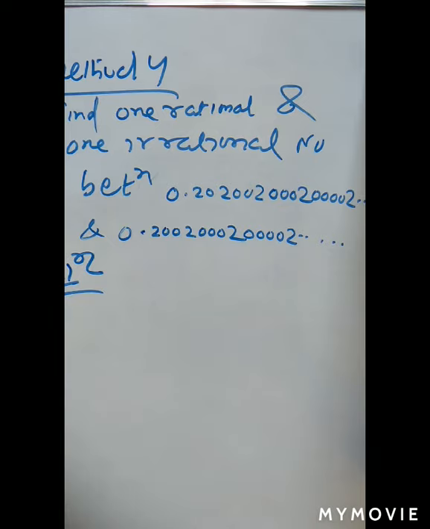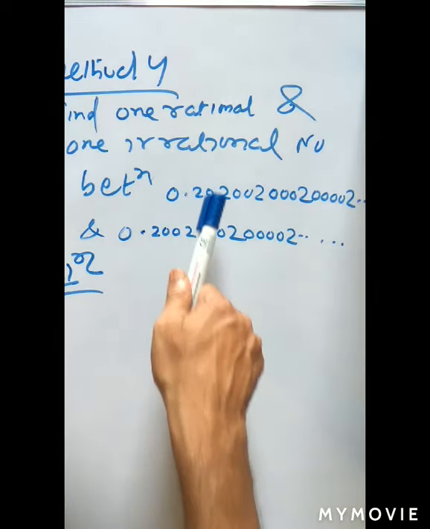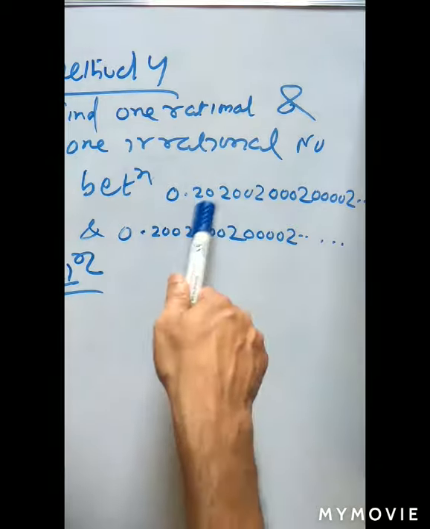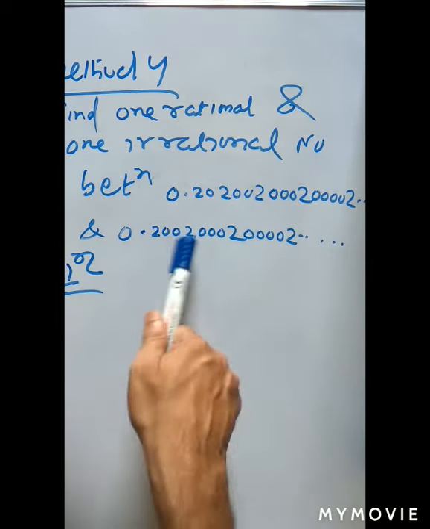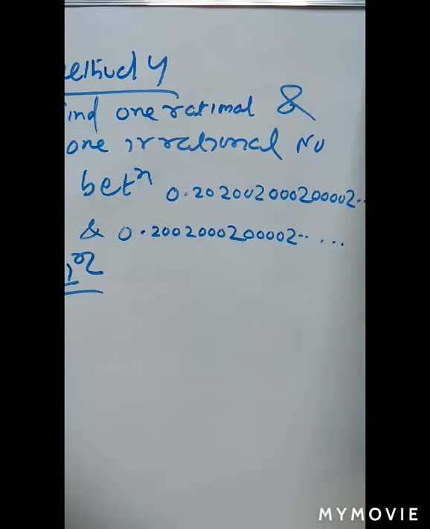See carefully. So here two numbers are given. Tell me, this number and this number, are they rational numbers? No. What is a rational number? The rational number is, if you take a decimal number, it must be either terminating or non-terminating with repeating type.